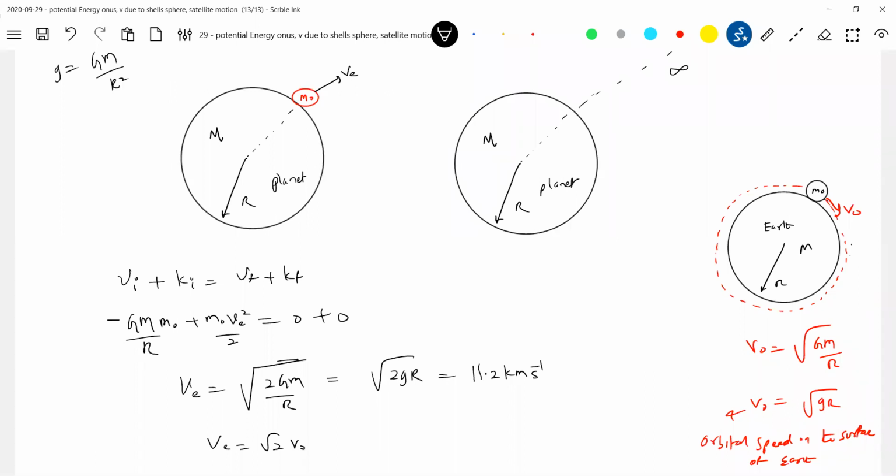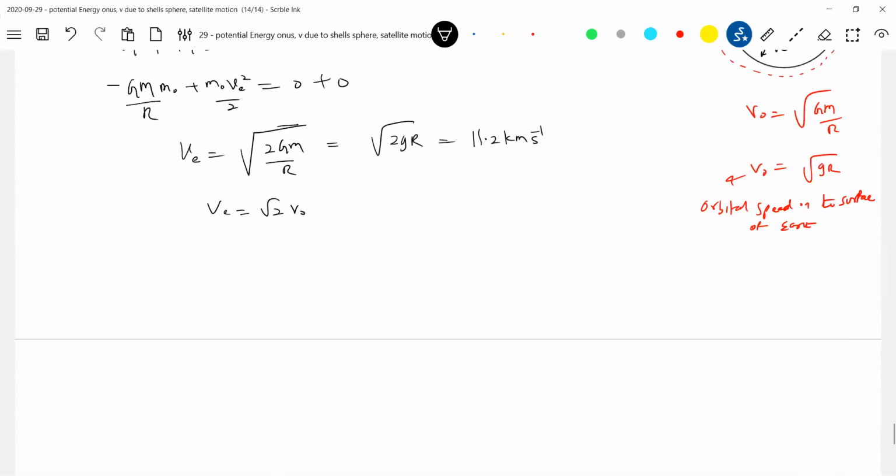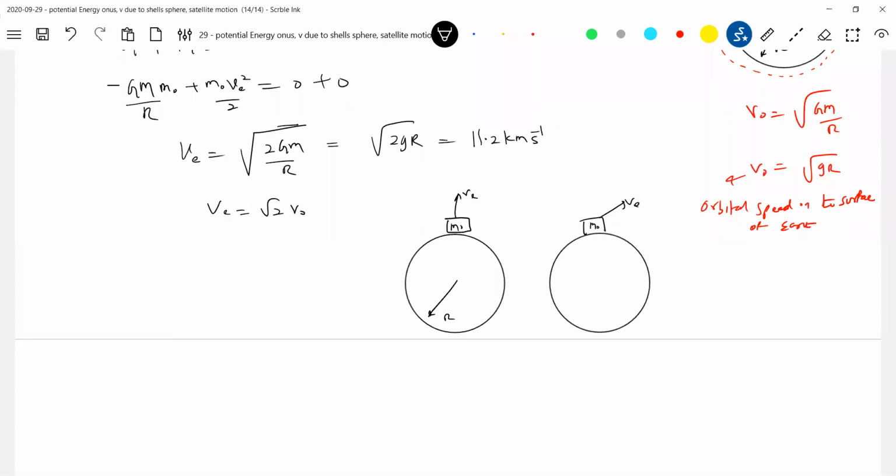Now, irrespective of how it is projected, whether you project it straight or at an angle, does it depend on that angle? No, the escape velocity is independent of the angle of projection.